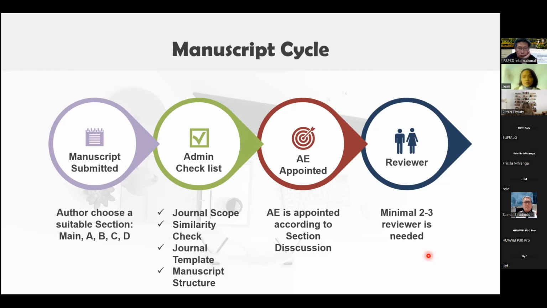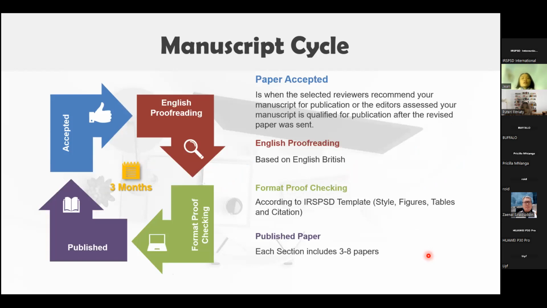Or sometimes, if we are very interested in your discussion, we will ask you to resubmit after you revise. So it is rejected, but we will ask you to resubmit it in a proper form and with a better discussion about that. This is the manuscript cycle of your paper.